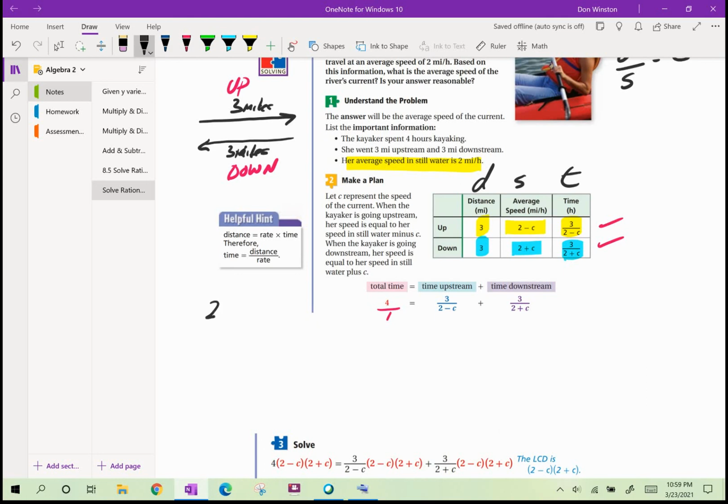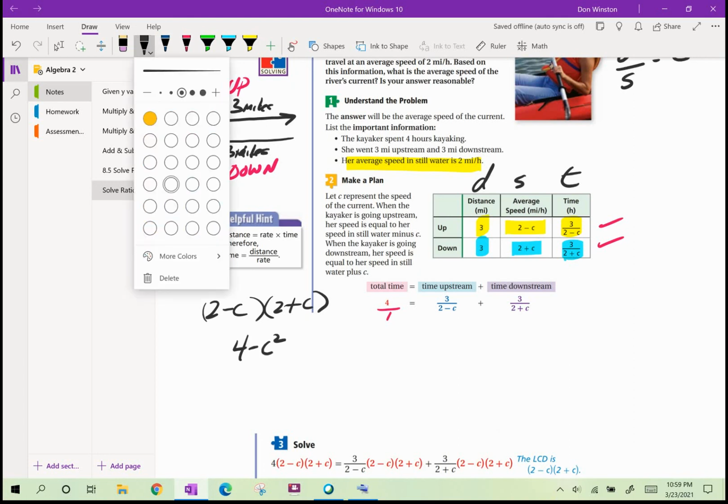Okay, so 2 minus C times 2 plus C is the difference of squares, and that's going to be 4 minus C squared.